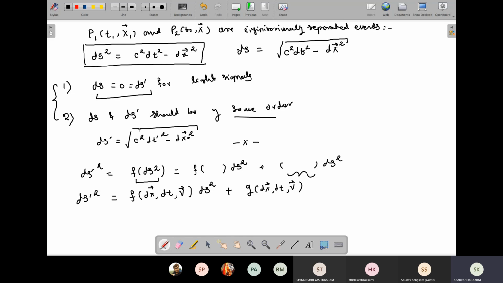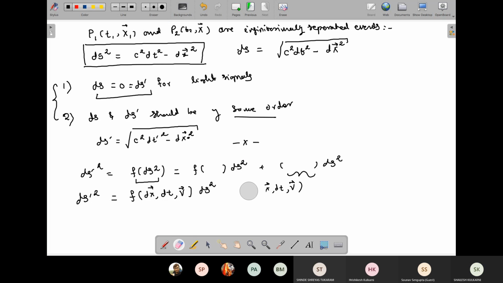And the second condition tells us that if it is ds prime square, then here also it is ds square, because the order of the differentials should match. So this is what we can say in general.